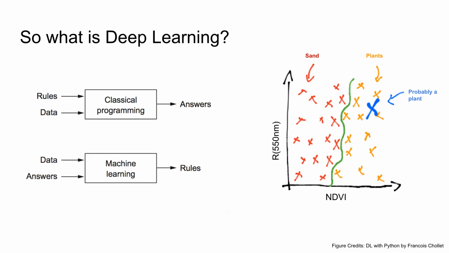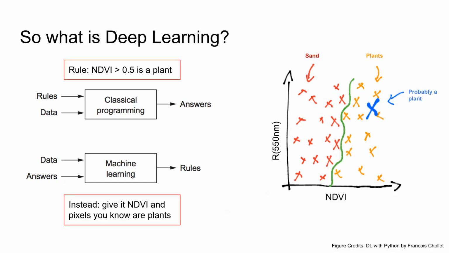NDVI, we talked about, it's just a normalized ratio of red to near infrared. Plants reflect near infrared, they absorb red, terrestrial plants. And so you can imagine if we wanted to learn this green line here. So we might say a rule is that it's greater than 0.5. Instead, in machine learning, we're just going to give it NDVI and a bunch of pixels that you know the answer for, and ask it to generate the rules. Does that make sense?